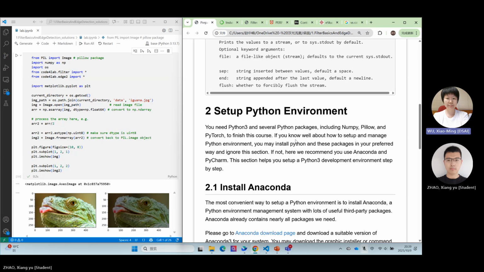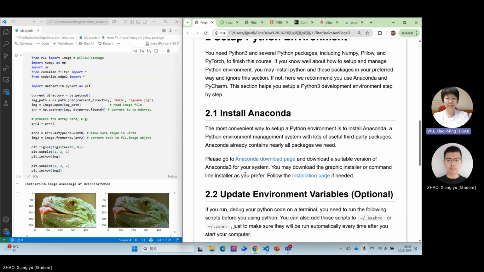If you know well how to set up and manage a Python environment, you may have installed Python and these packages in your preferred way and can ignore this section. If not, we recommend you install Anaconda and use an IDE such as PyCharm or Visual Studio Code.